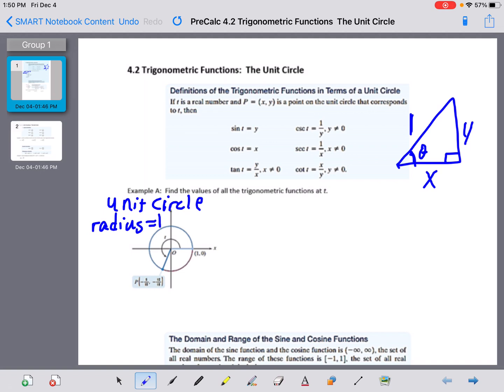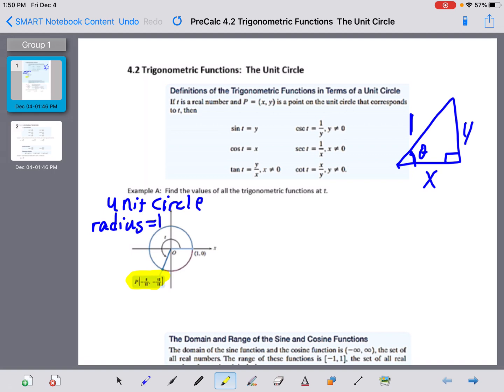Beyond that, that's all the word unit circle means, radius of 1, okay? So you'll notice here that we have this value down here, this ordered pair of p, which is -5/13 and -12/13, okay? It's a point on the unit circle, but it's not one of them on our big unit circle.